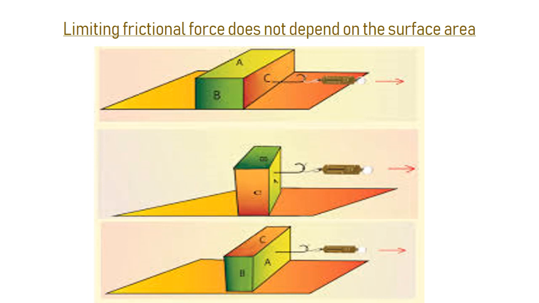The observation is that the limiting frictional force marked by the Newton balance is the same for all three surfaces A, B and C. So we can tell that limiting frictional force does not depend on the surface area.